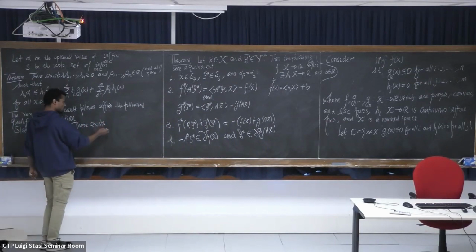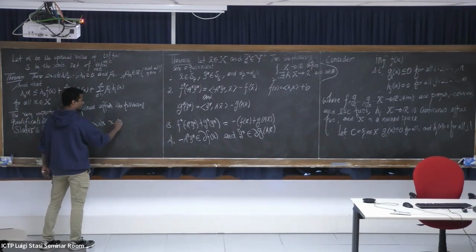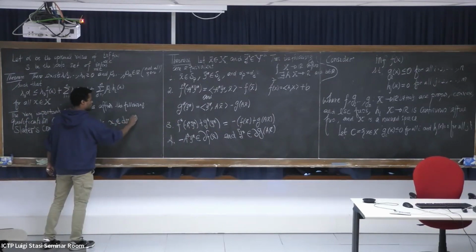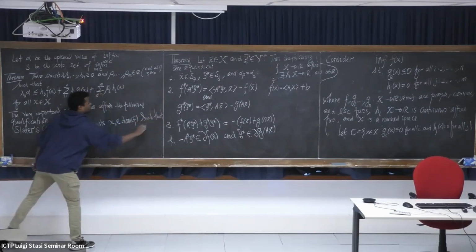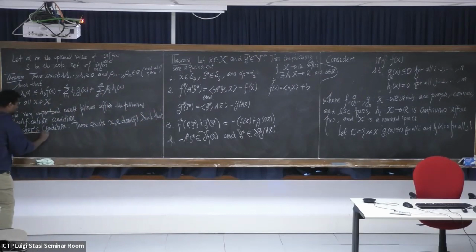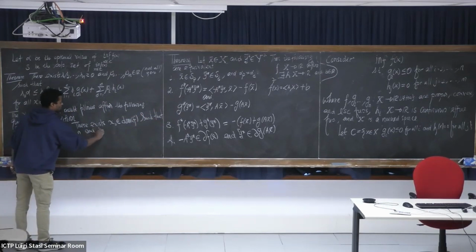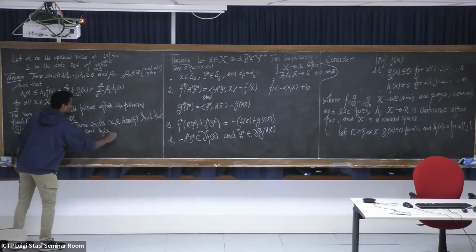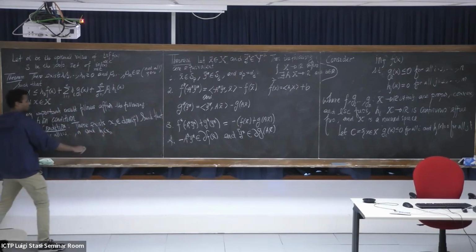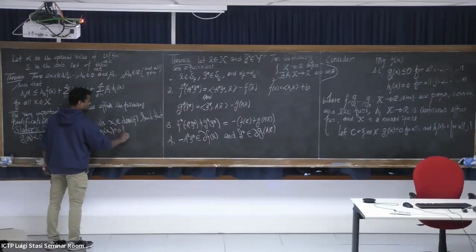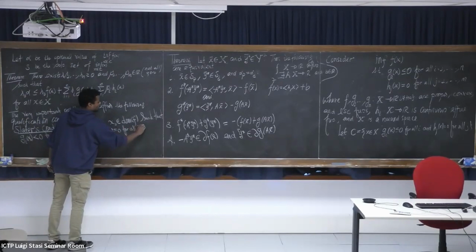Slater's condition says that there exists x naught, an element of the domain of f, such that gi of x is strictly less than 0 for all i, and hj of x naught is equal to 0 for all j.